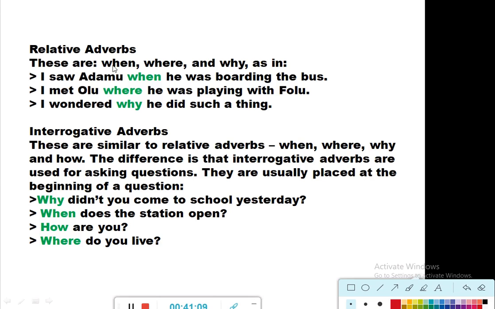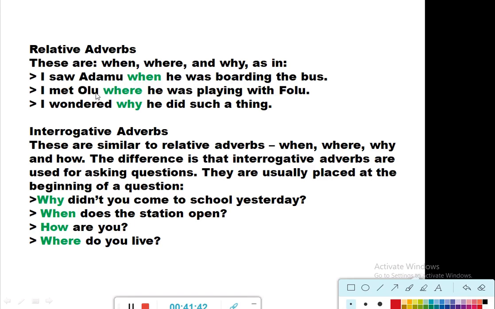Then relative adverbs include when, where, and why. Examples: I saw Adamu when he was boarding the bus. When he was boarding the bus is called a relative clause, or what can also be called an adjectival clause. So a relative clause usually begins with a relative adverb, and this is a relative adverb of time.